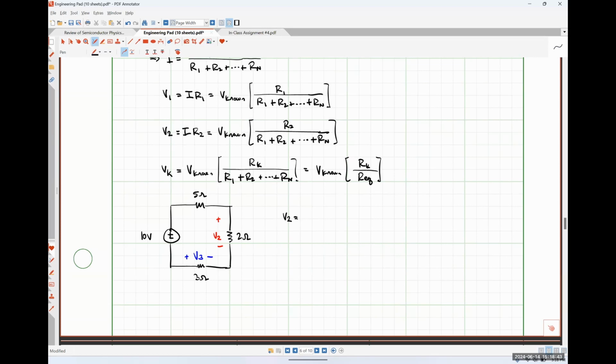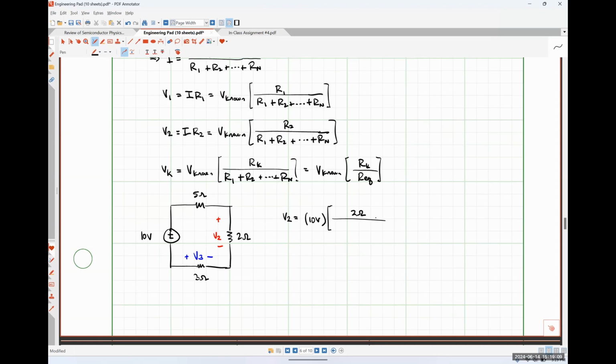What's our known voltage? 10 volts. 10 volts, absolutely right. So if we're solving for V2, what's the resistor that we're trying to find the voltage drop over? 2 ohms. All right, so that's the one that's going to go in the numerator.